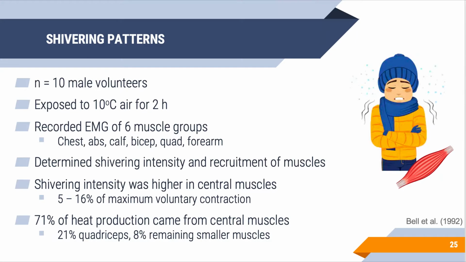And probably without surprise, because those central core muscles had the highest shivering intensity, they were responsible for 71% of heat production from those skeletal muscles measured. 21% also came from the quadriceps, and 8% came from the remaining muscles, so the calf, the bicep, and the forearm. So basically, the larger the muscle group, the more shivering you'll see, and the closer to the core, the more shivering we'll see, and those generate the most heat because we know shivering is skeletal muscle contraction, breaking down ATP, generating heat.